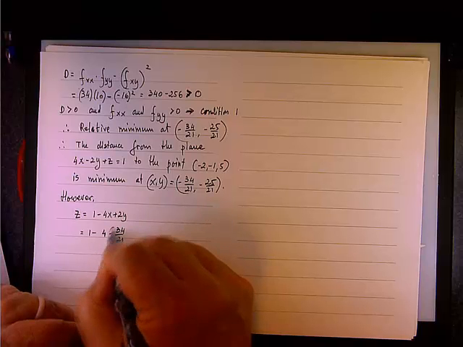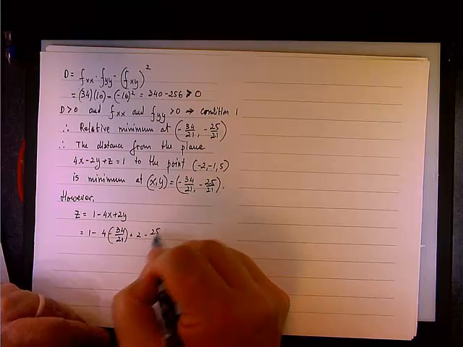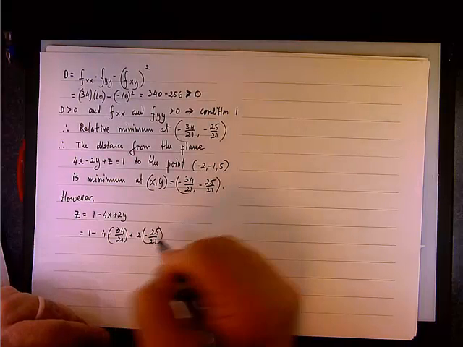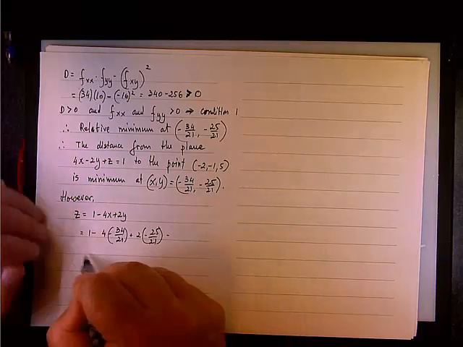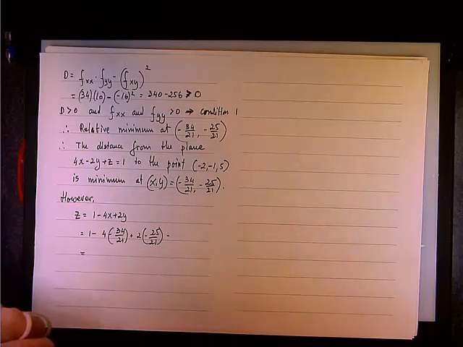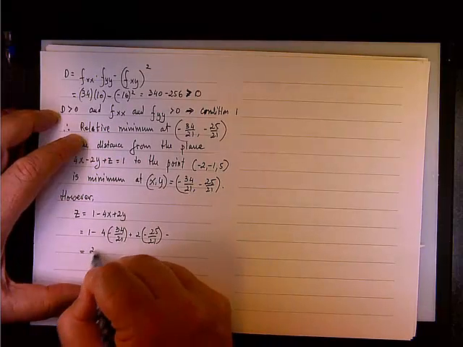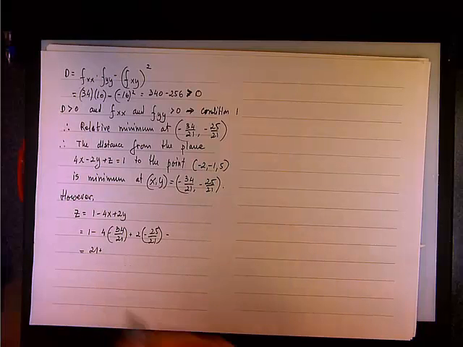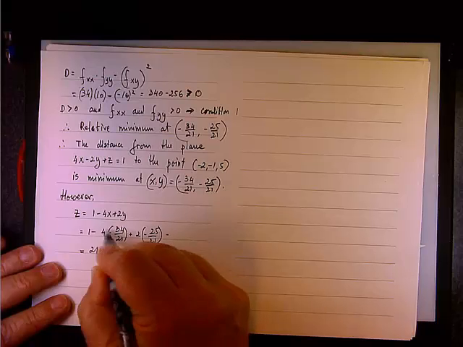That's how we replace z with 1 minus 4x plus 2y. You recall that? So it's equal to 1 minus 4 times negative 34 over 21. So you have a little bit of arithmetic before we can conclude this.